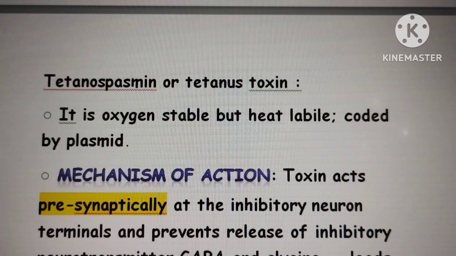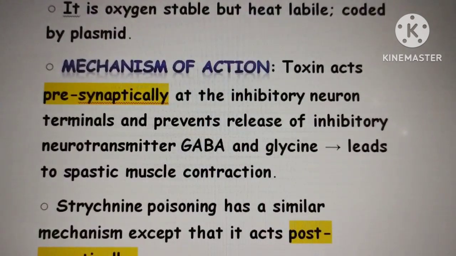What happens here is, this toxin usually acts presynaptically. Just remember the toxin acts presynaptically, thereby it prevents the release of GABA and glycine, and that leads to spastic muscle contraction. There is another poison which acts postsynaptically, that is strychnine poison.